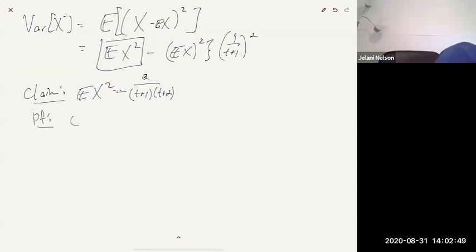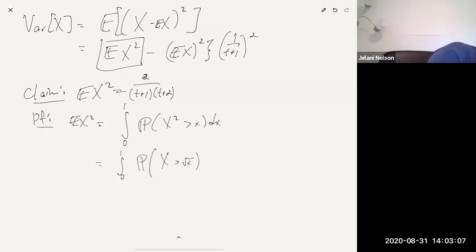You say the expectation of x squared is equal to the integral from 0 to 1 of the probability that x squared is bigger than little x dx, which is the same thing as the integral from 0 to 1 of the probability that capital X is bigger than root x dx, right? Which is now, I guess, (1 minus root x) to the t dx.